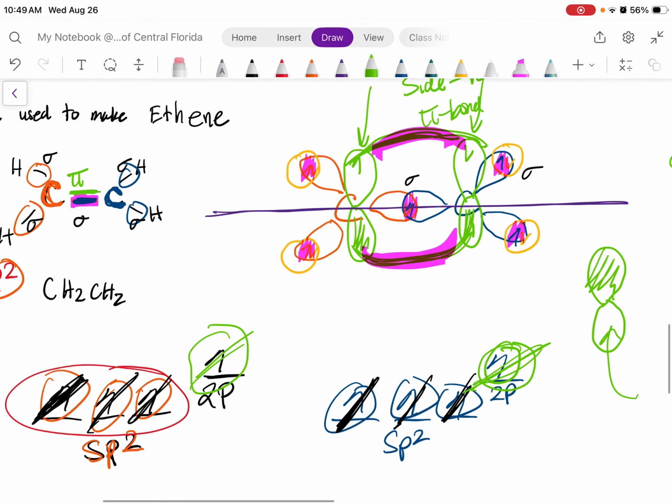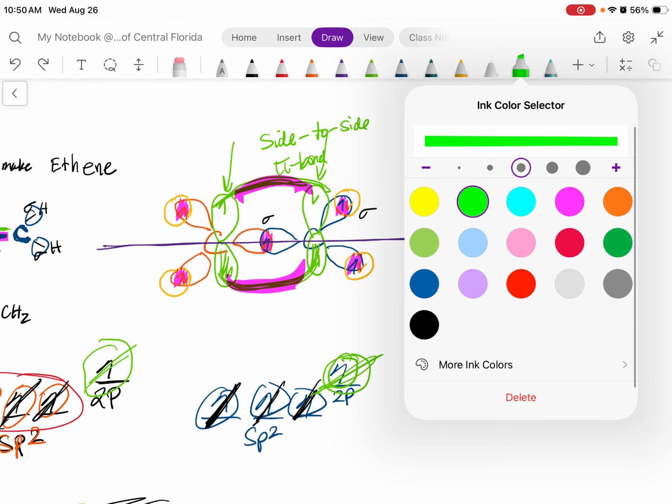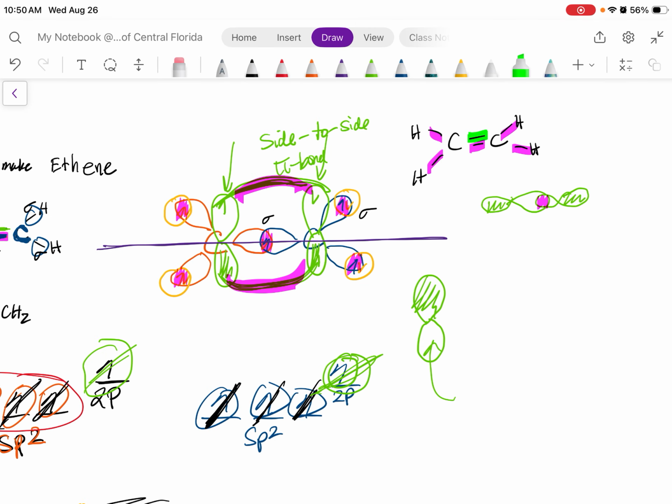So what we can say now is if we look at just a generic ethene right here, we can see that this bond right here is sigma, sigma, sigma, sigma, sigma. This one is pi. That's our pi.